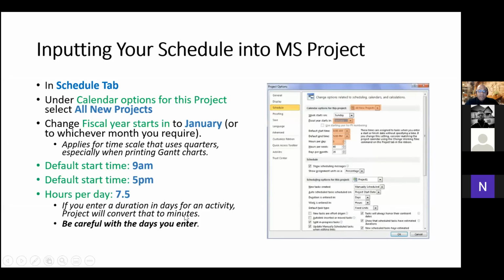This is very important to know. So you have to be careful with the number of days that you enter, right? The reason why I have 7.5 hours here is because I account for lunch break, 0.5, like half an hour. You can do it the way you want. You might have a 7-hour day, right? With a 1 hour lunch break.